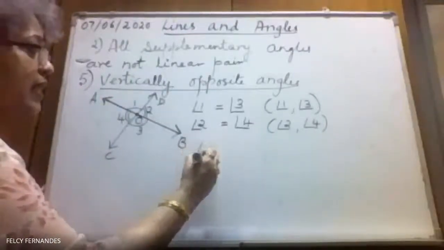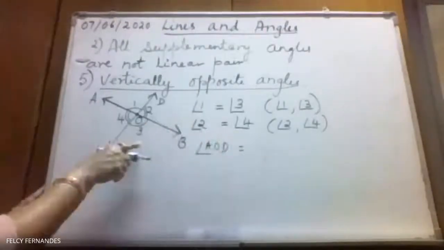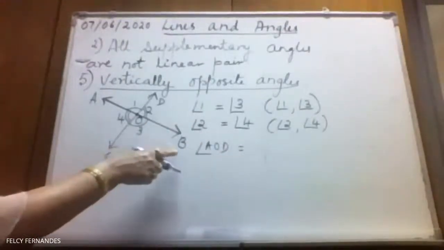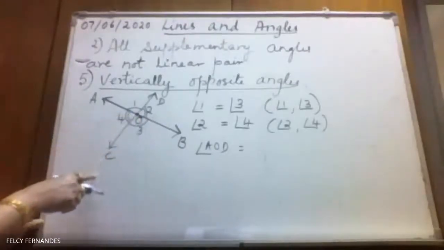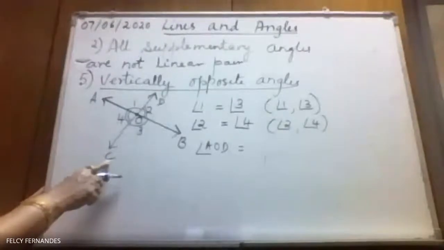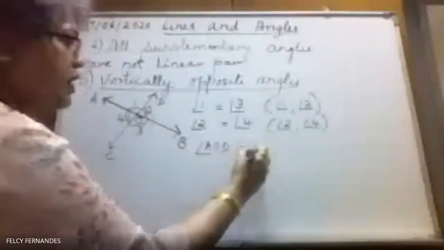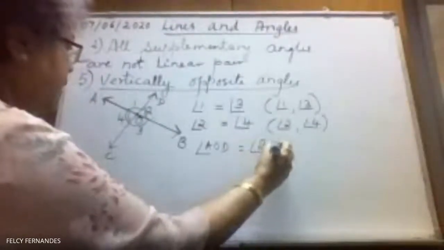So angle AOD is equal to the third angle, that is BOC. This is my angle. You can start measuring from C also or B also. Now these two are my vertically opposite angles.